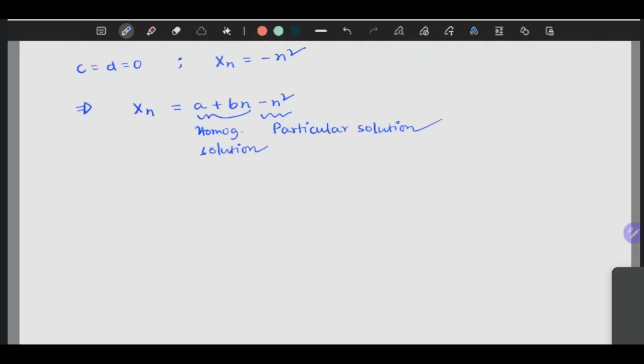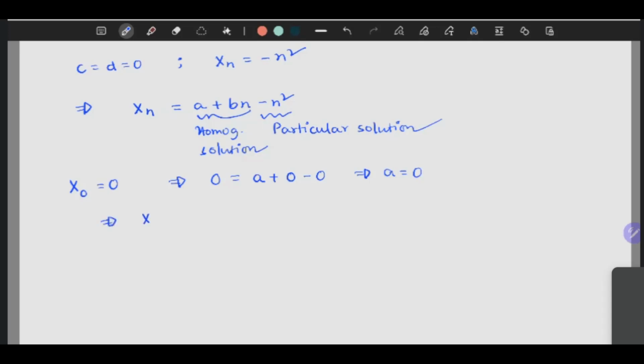Now if you substitute the boundary condition x0 is equal to 0, that makes 0 is equal to a plus 0 minus 0, that makes a is equal to 0.